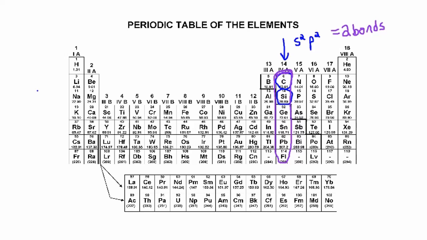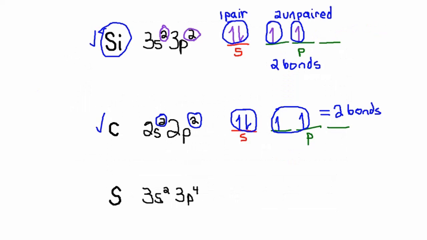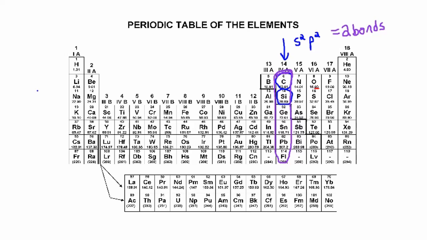Now let's go back to our last problem. So sulfur. Now, where is sulfur on the periodic table? Sulfur is going to be right here in group 6A.